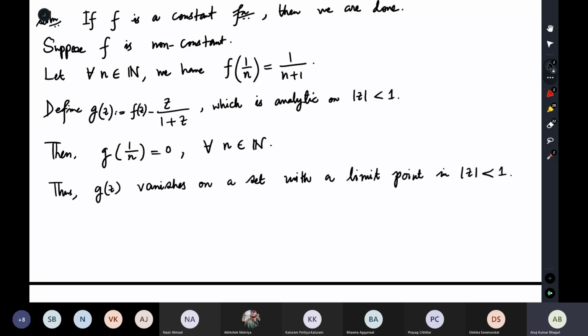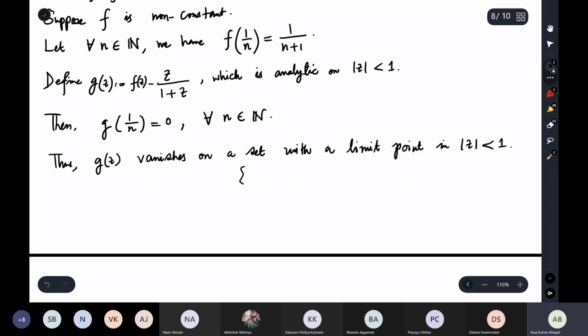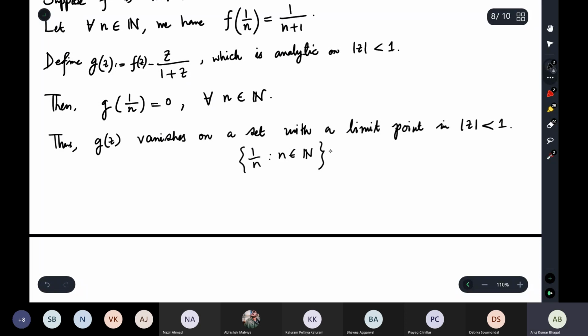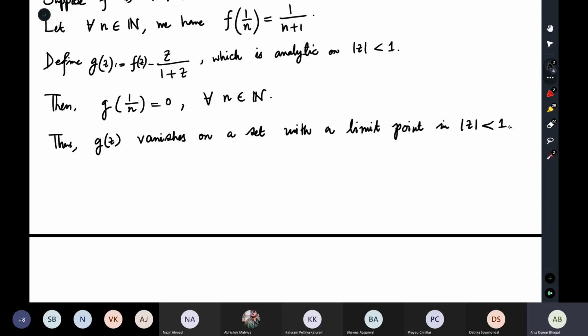You consider this set 1 by n such that n in N. What is the limit point of this set? 0 is the only limit point of this set, and this lies in the domain. So by the identity theorem, this function will vanish on the whole of its domain. This is what the identity theorem says.